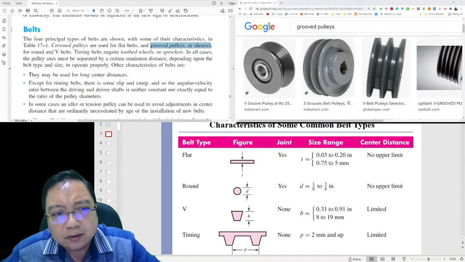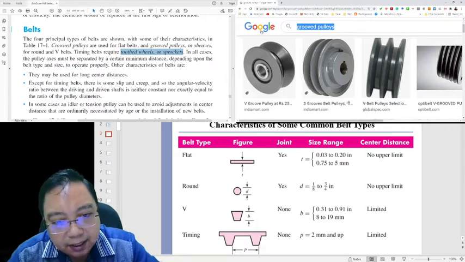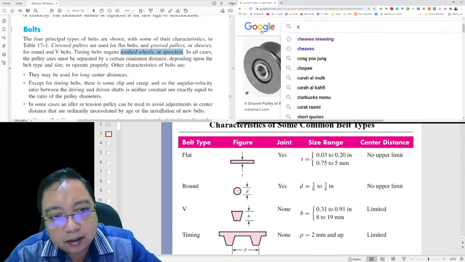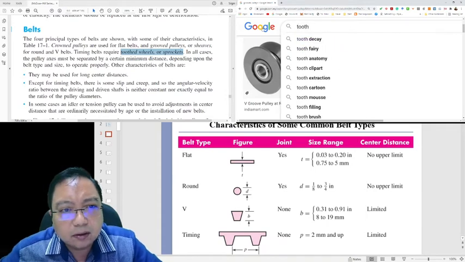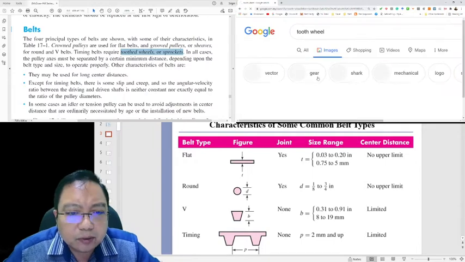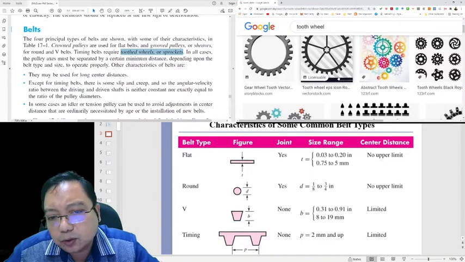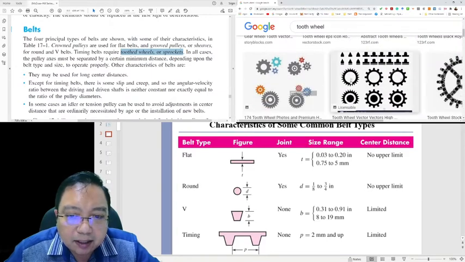And for round and V belts, timing belts require grooved pulleys or sprockets. I'm sure most of you have a bicycle or motorcycle, and also a car.